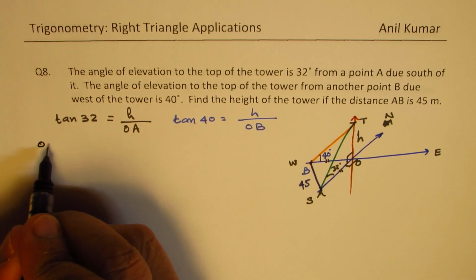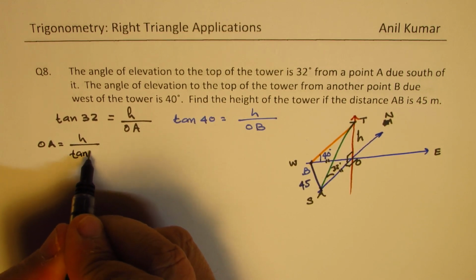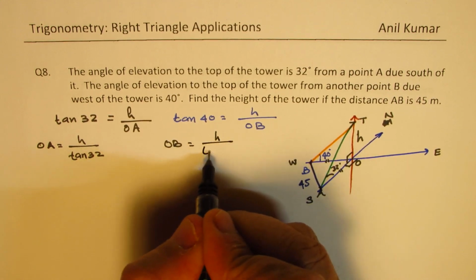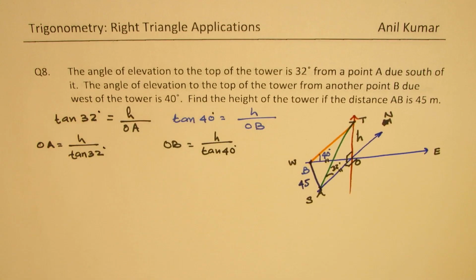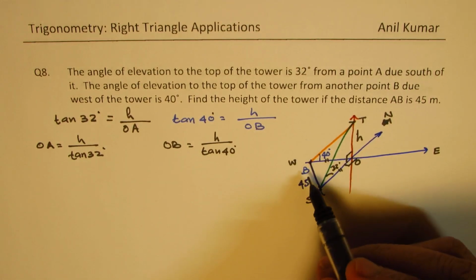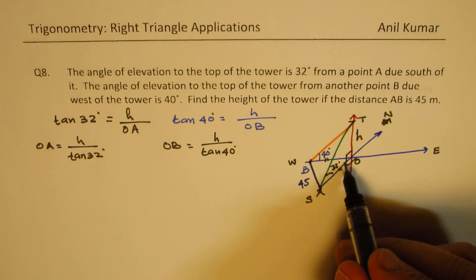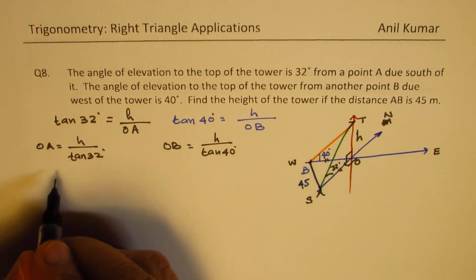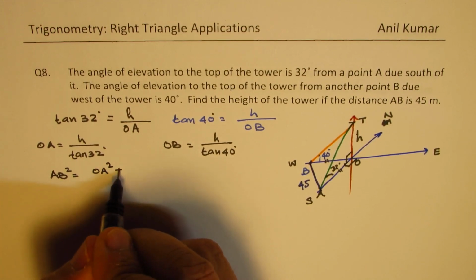So from here we get OA equals h over tan of 32 and OB is h over tan of 40 degrees. Correct? And since we know that the distance between these two points is 45 and that is a right angle, we know that AB square is OA square plus OB square.